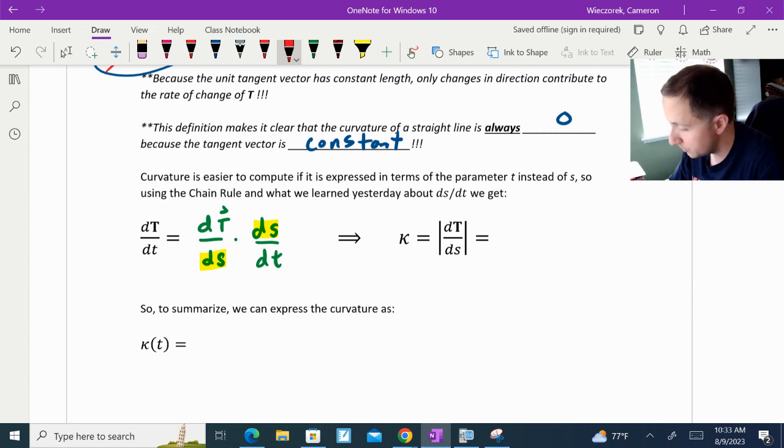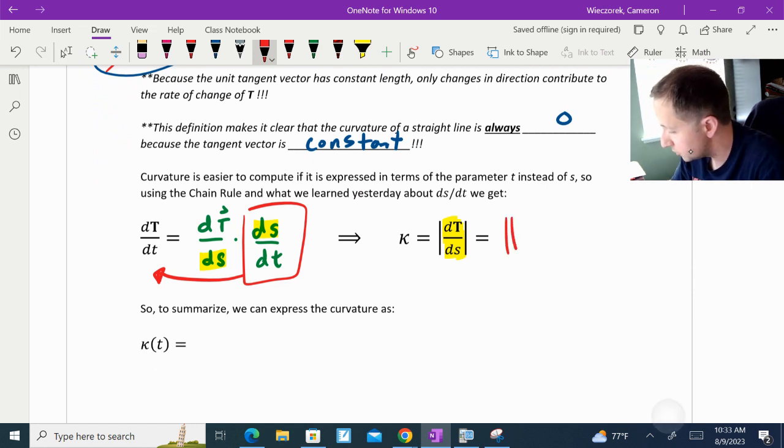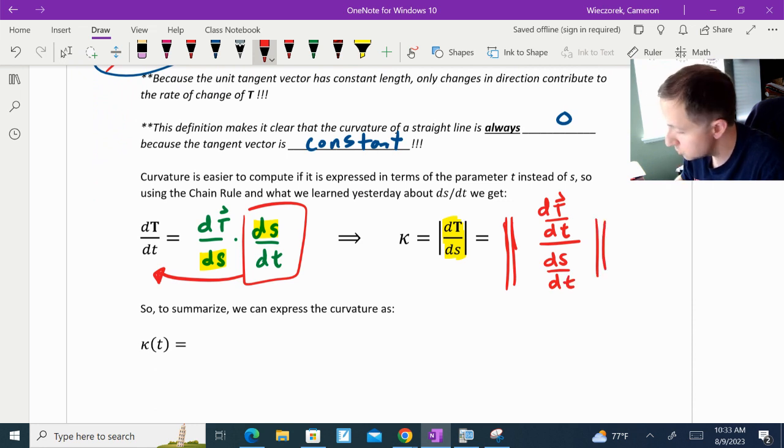And then if I want an expression for dT/ds, which I have inside those magnitude bars, all I would need to do is divide over this ds/dt term to the other side. So I can define this curvature to be the magnitude of dT/dt over the magnitude of ds/dt. So it's the quotient of those two derivatives.